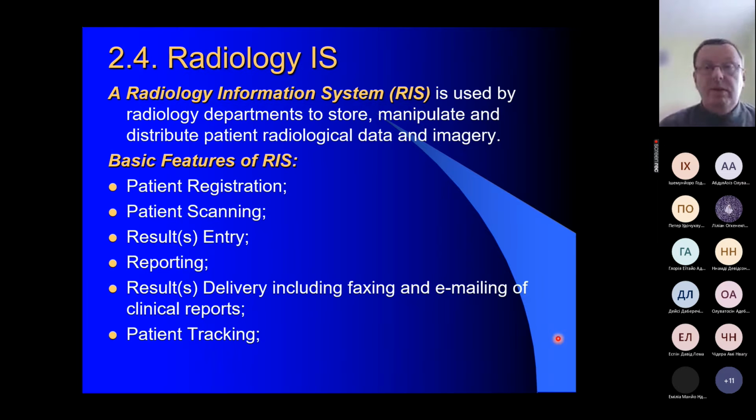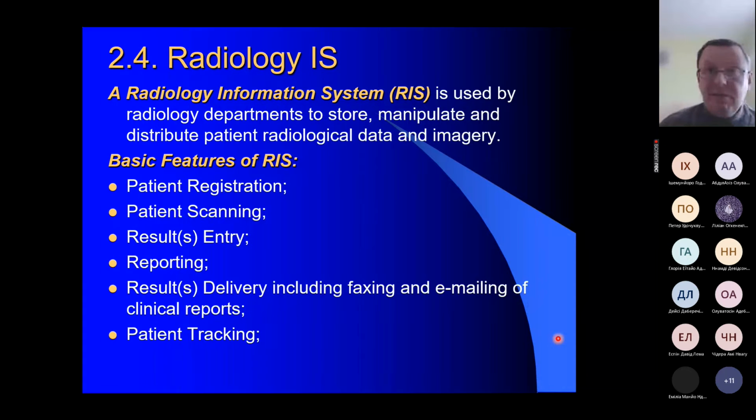When we talk about a departmental system, it means it's dedicated to fulfilling requirements of a specific department. For example, a laboratory information system is typically used only within a medical laboratory, a hospital medical laboratory, or an offshore laboratory. The same way we can talk about a radiology information system. It could be used within the radiology department to store, manipulate, and distribute patient radiological data and imagery.